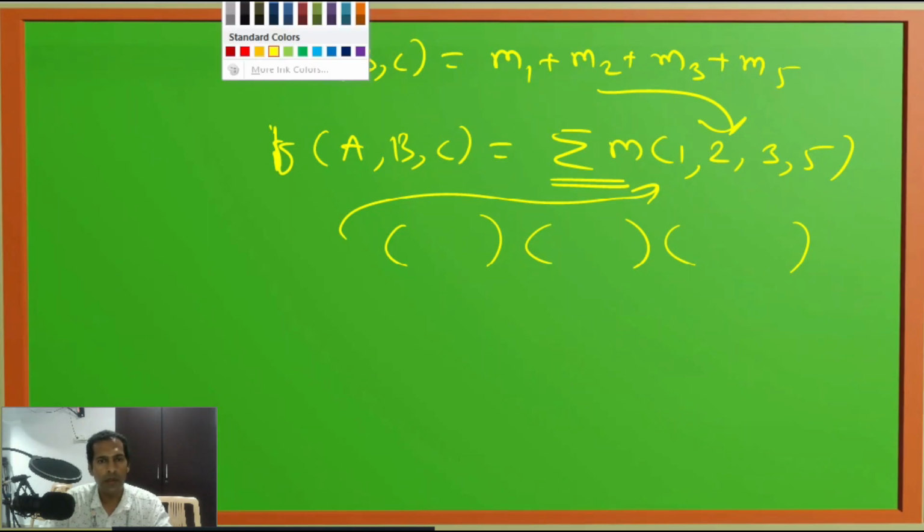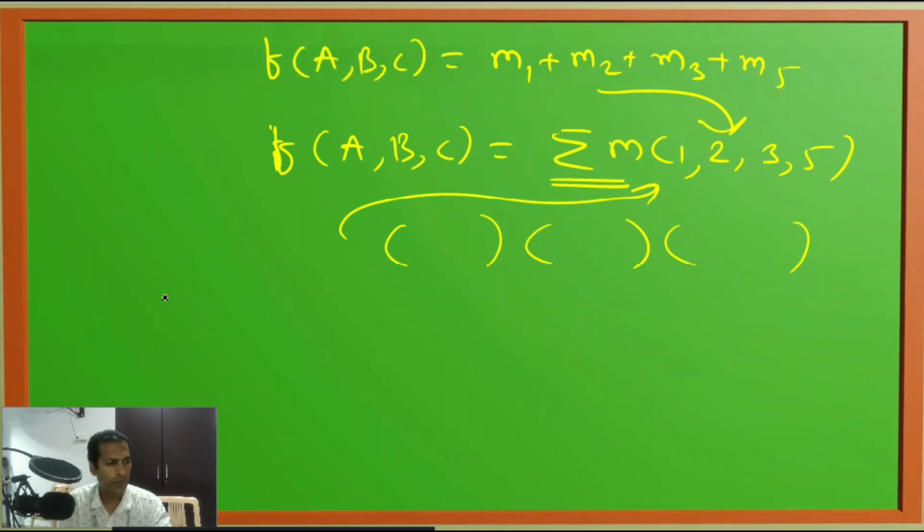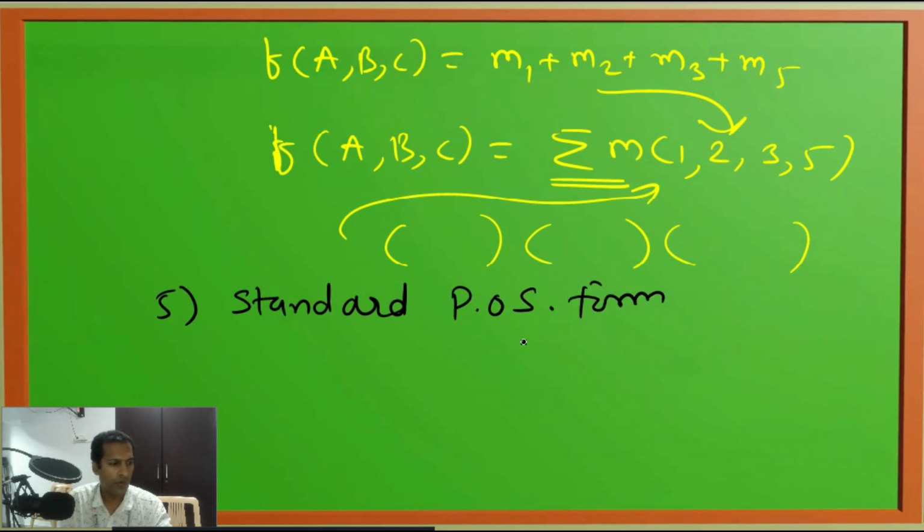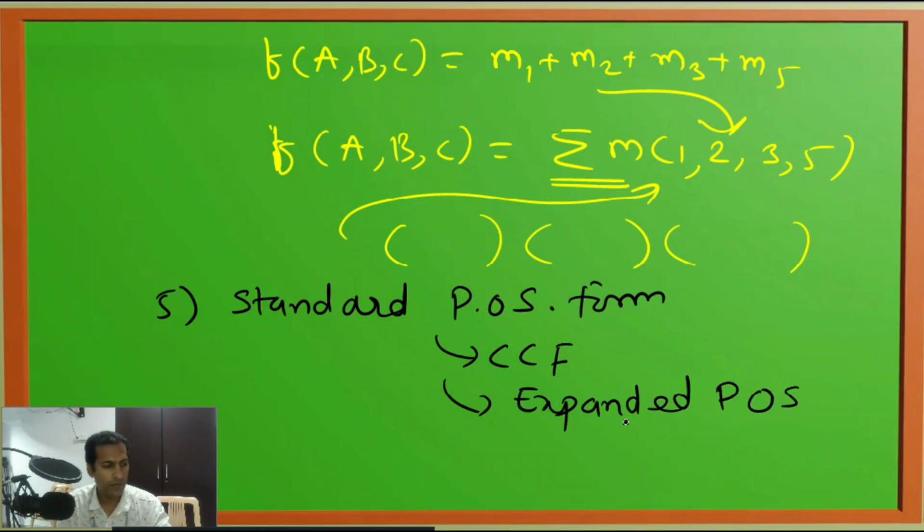Now let us discuss the fifth one, standard product of sum form. This is also called the conjunctive canonical form, or CCF, or we can also call it expanded POS or canonical POS, right?